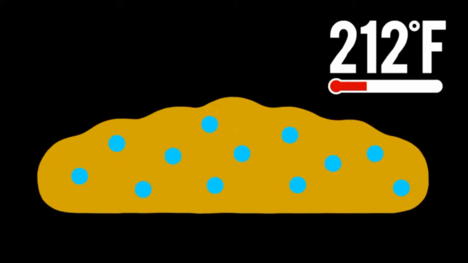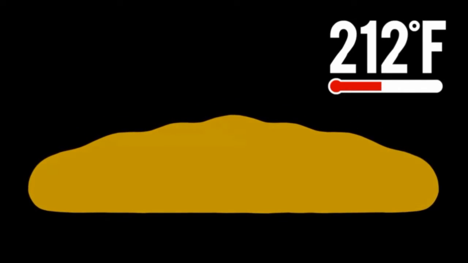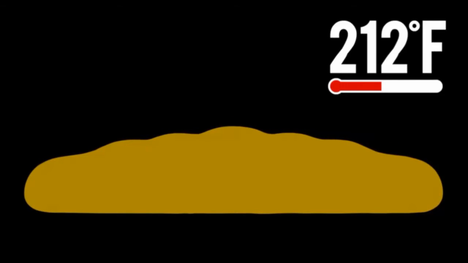Water boils away at 212 degrees Fahrenheit, which is 100 degrees Celsius. So like mud baking in the sun, the cookie gets dried up and it stiffens. Cracks spread across its surface. The steam that was bubbling inside evaporates, leaving behind airy pockets that make the cookie light and flaky.